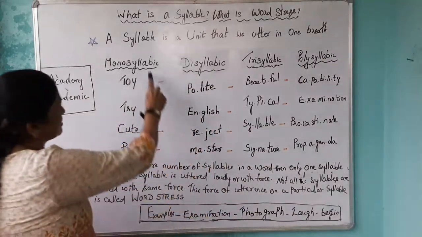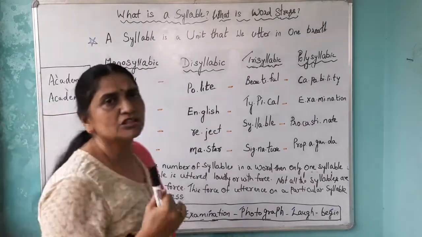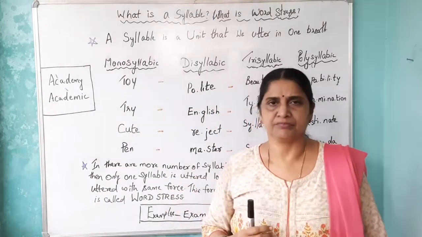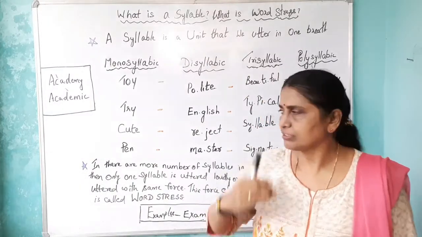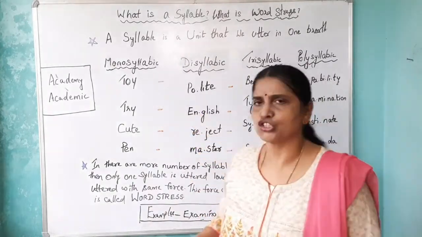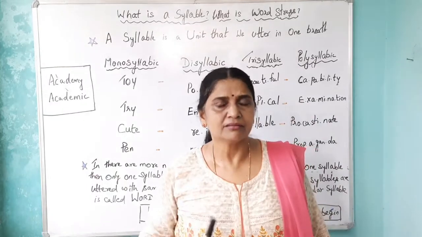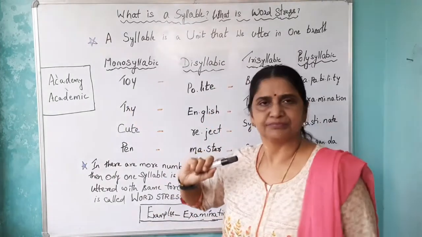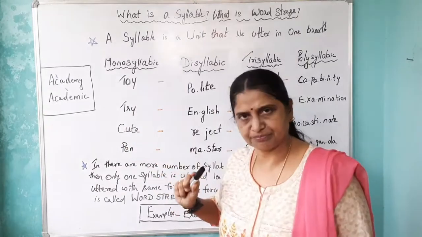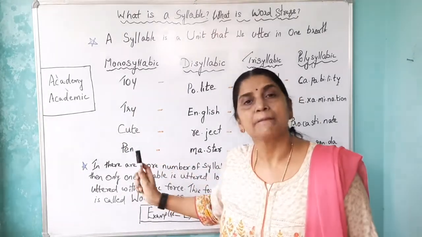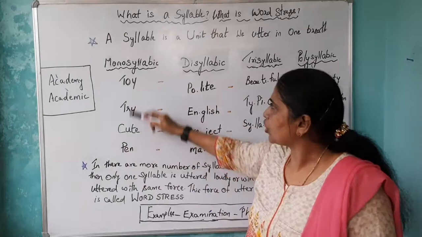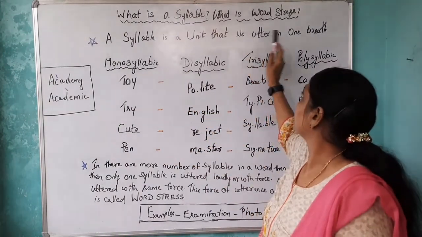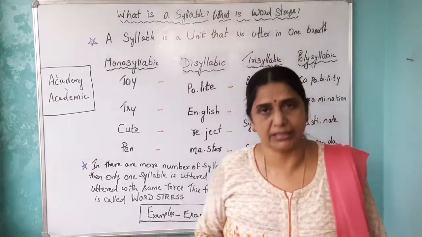Okay, now you see, for example, you take the words toy, try, cute, pen. You don't stop anywhere, it's a flow, toy, one breath, a single small word. Try, cute, pen. So these are called monosyllabic words because you utter them in one breath.